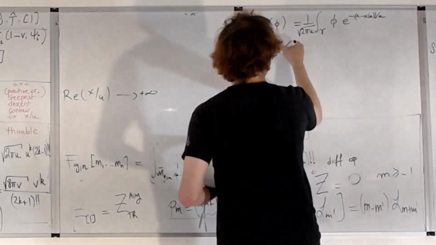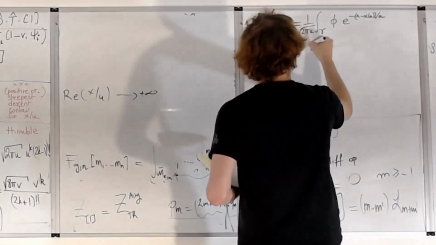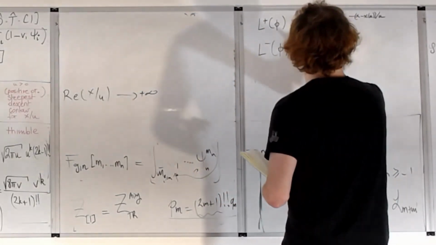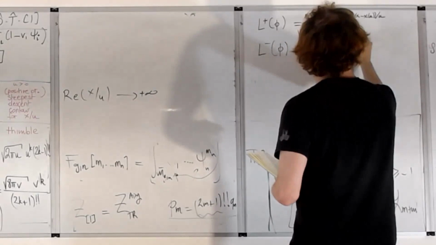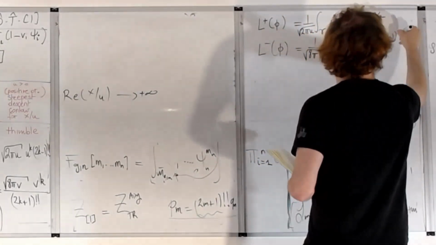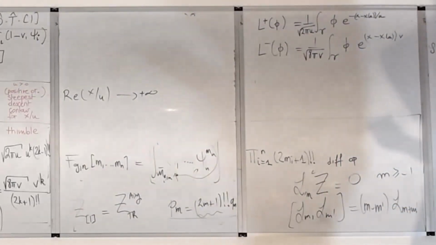And L minus of phi is 1 over 8 pi v, and then this with the opposite sign and the v in the numerator instead of the denominator.